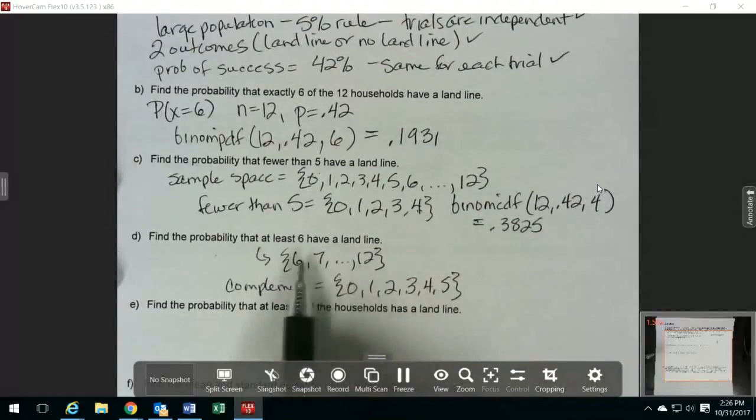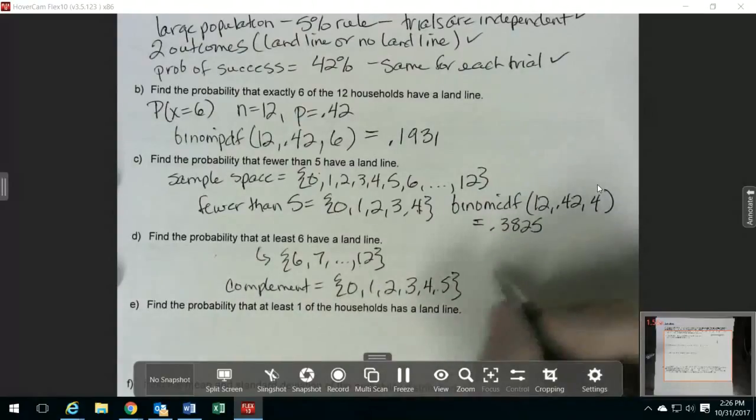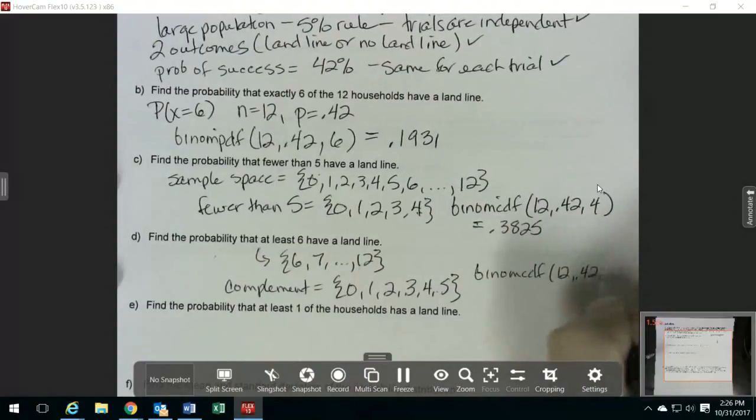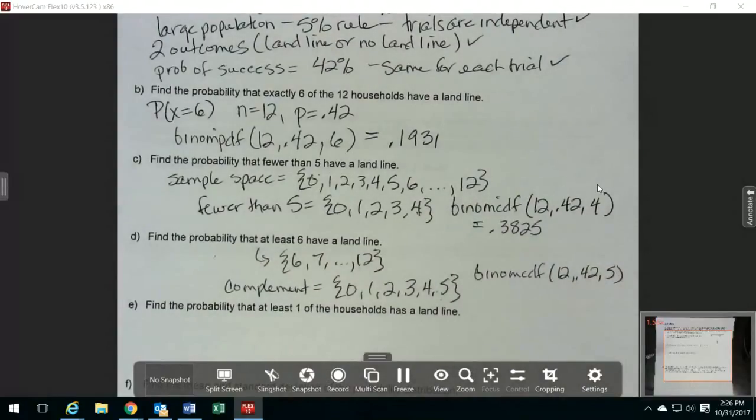So it's everything from the sample space that's not already included here. For this one, we could use binomial CDF and just put in 5 for our x.